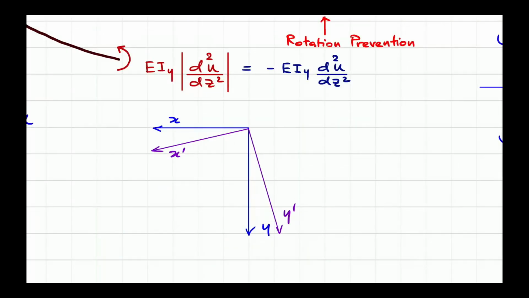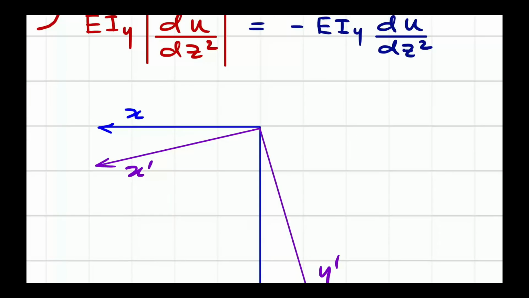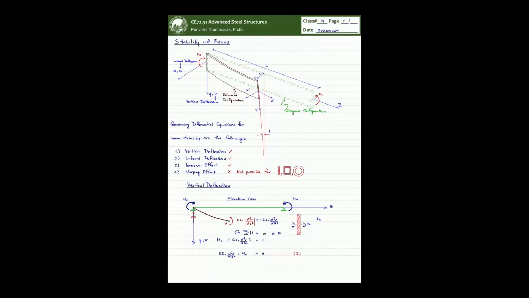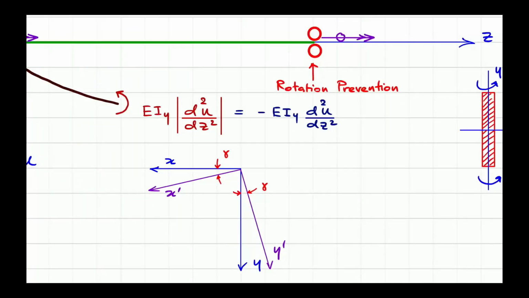So here we describe this by gamma and gamma. And the moment M naught, what color did I use for moment? The red color. So the moment M naught.